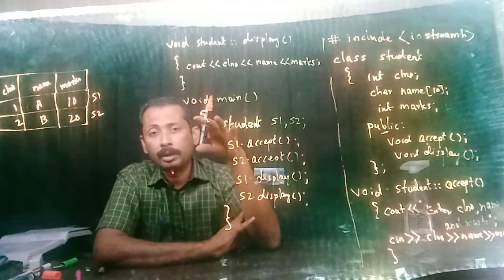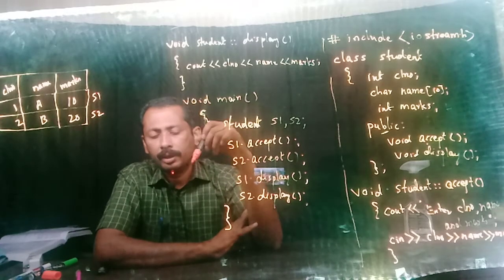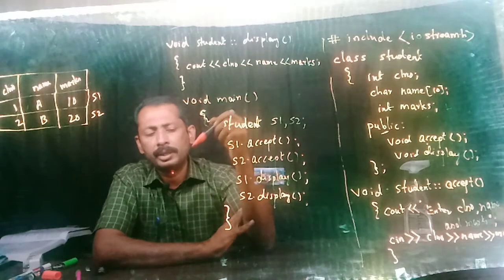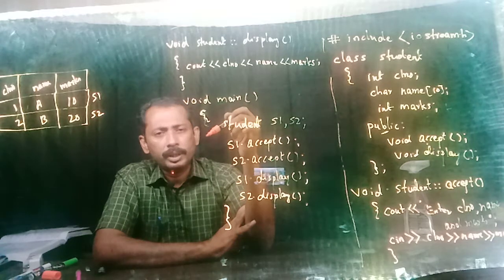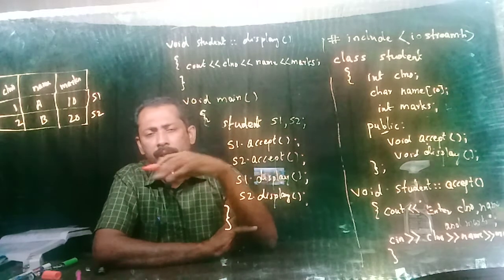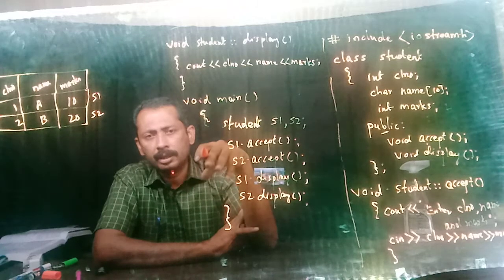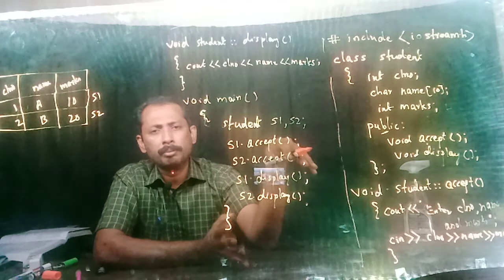Assume that you are in a class. And we have different benches there. And assume that the students are keeping their bags. Bag is there, lunch box is there, and outside the bag there are some books.